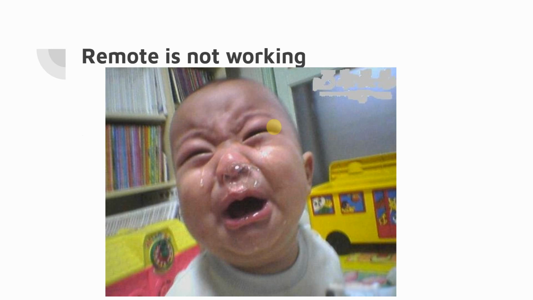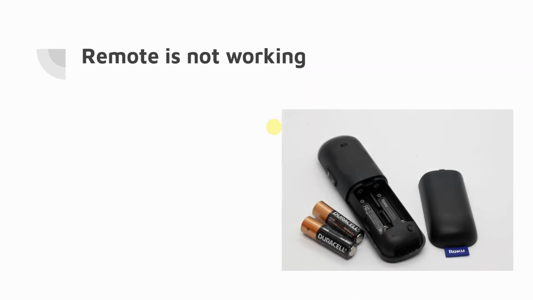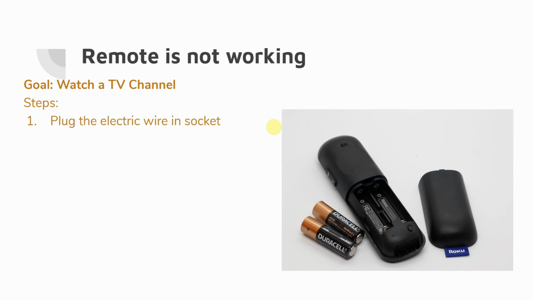Now there was still a problem and our remote was not working. When we pressed the turn on button, the remote was not working. So what can we do? If we look at the goal, that's to watch a TV channel, we still have the same goal. Then we plug the wire in the socket. If there's a power button on the socket, turn on the power button.